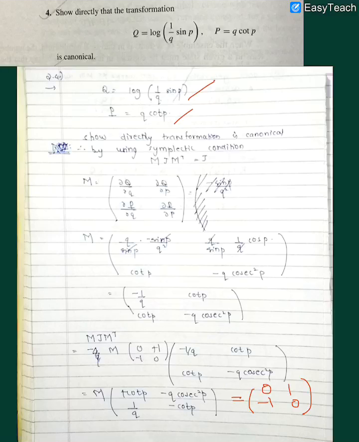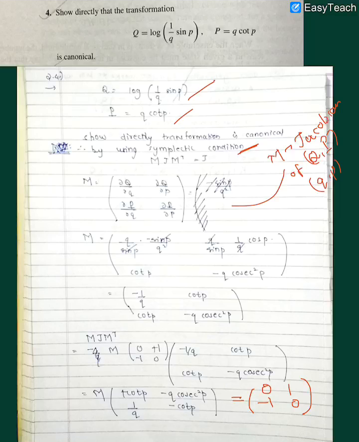As I said, in question 4 we will be using the symplectic condition, where M is the Jacobian of capital Q, capital P with respect to small q, small p.